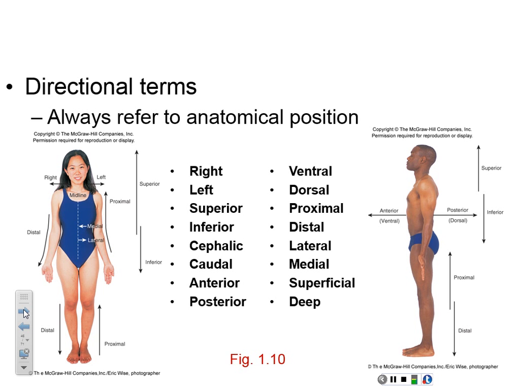All right, and then of course superior: you would say your eyes are superior to your nose, and your mouth is inferior to the nose. All right, inferior in terms of position. All right, and then anything to do with cephalic is to do with the head. Anything to do with caudal is to do with the tail end.